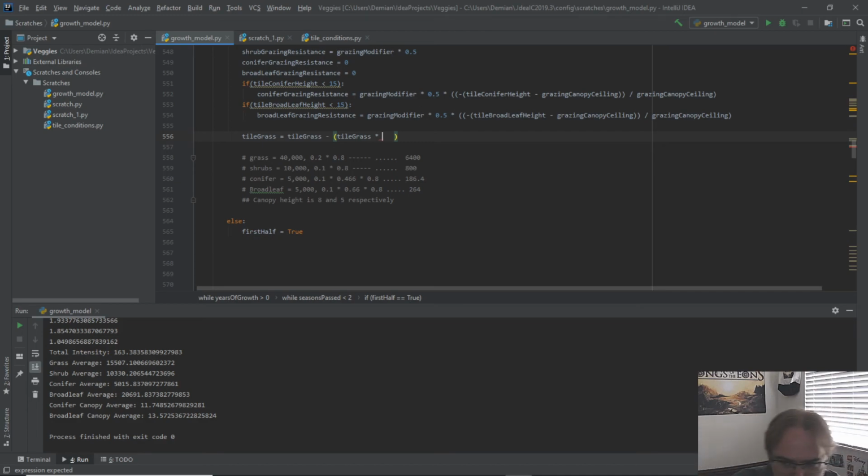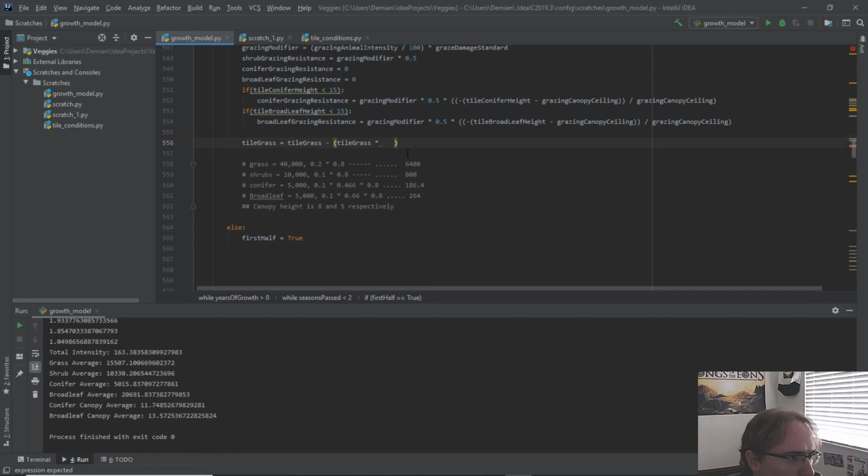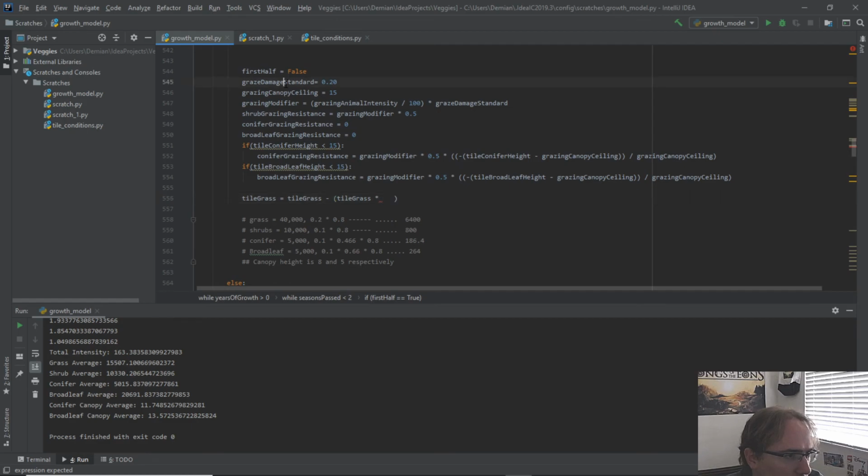It's going to be ported over to C# anyway, so these are Demian conventions. Tile grass times all of those factors. In this case, it's just the global standard. Or did we calculate that? Damage standard, grass damage standard. Yeah, I guess we can use this, right? Nah, I think this is useless.